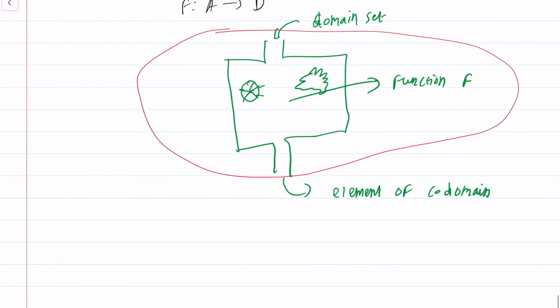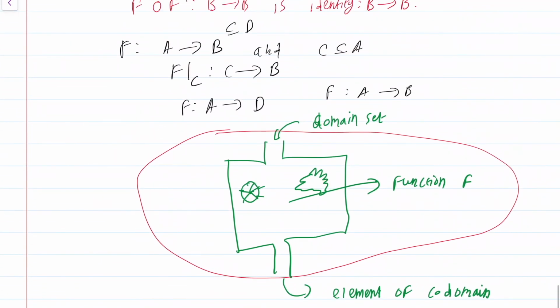Instead of writing consider the function f from A to B, we'll just write consider the function f, defined by something, without specifying what the domain or the codomain is. That's common in mathematics. But please keep in mind that you can write restrictions, and this is the notation. You put a vertical line and put the set on which you are restricting to. There is no notation when you enlarge the codomain. There is no shortcut notation for that.